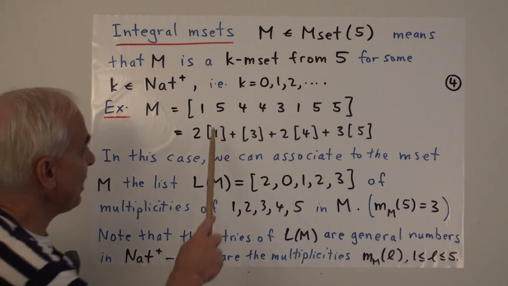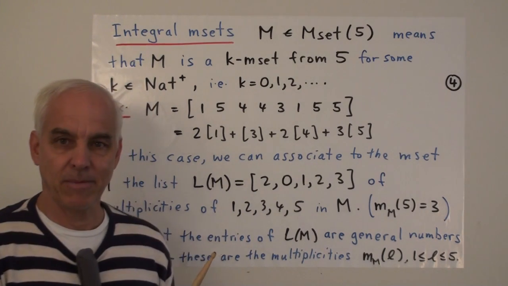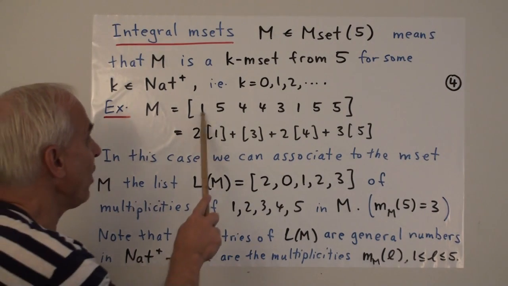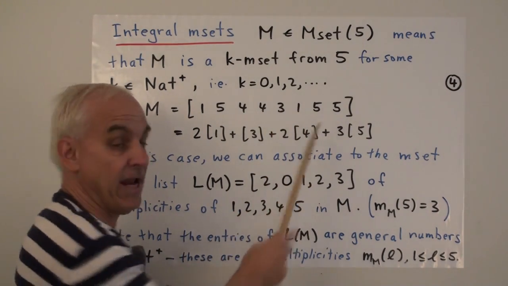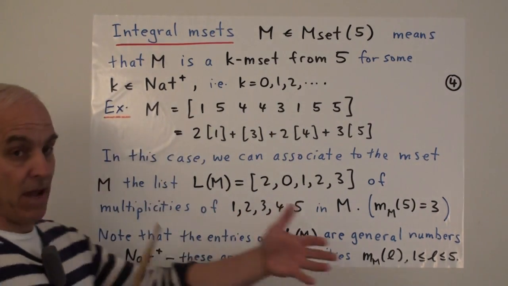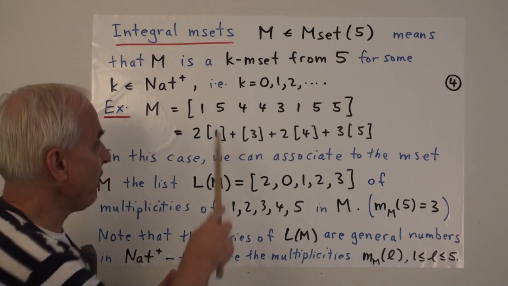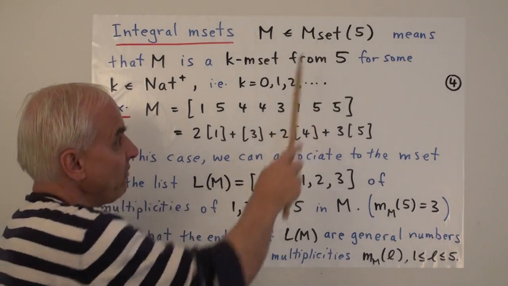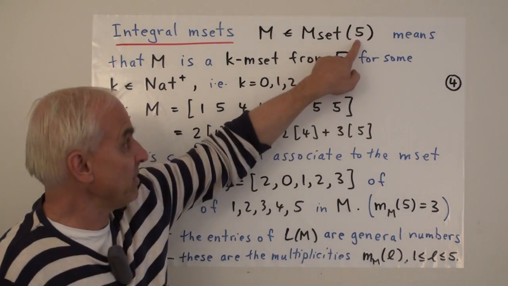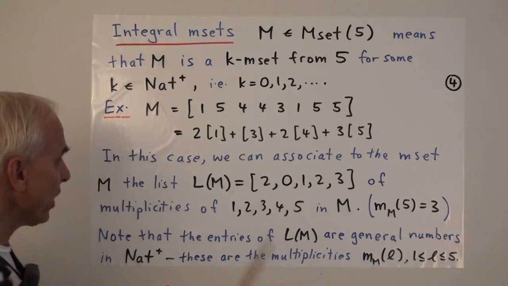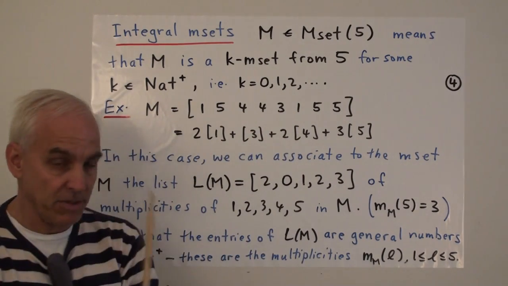And there might be 0 elements, in which case we have the empty M-set, or there could be, in this case, 1, 2, 3, 4, 5, 6, 7, 8 elements, or there could be 3,000 elements. Okay, there's no real limit on the number of elements if we're talking about M-set 5, but all of the elements actually have to be between 1 and 5. Okay, so that's the kind of object we're thinking about momentarily.